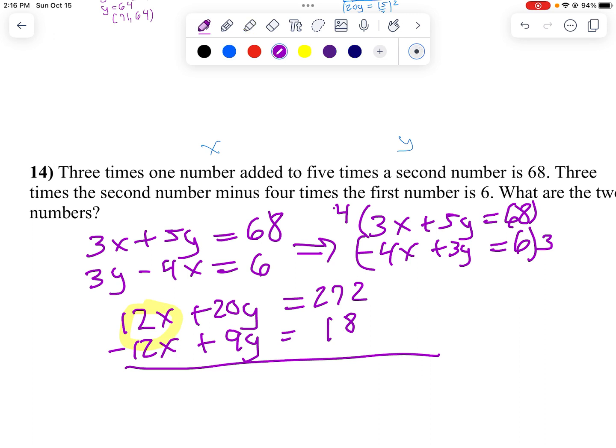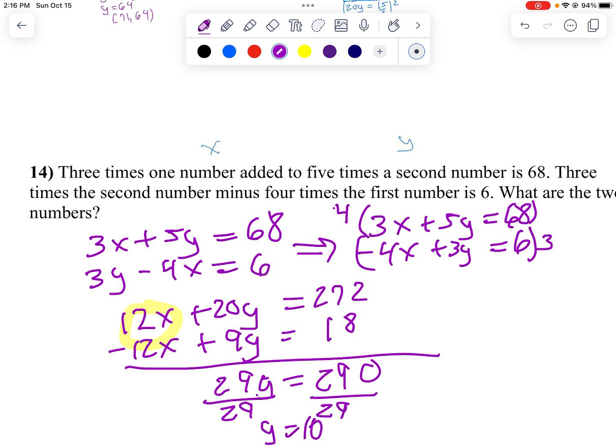Well, when I add them up, notice my x's cancel out. That's the reason we did it. So we get 29y equals 290. Well, that works out really nice because y is 10. I think I will use my second equation because they look like they're smaller numbers to work with. So I'm going to use this one. I'm going to solve for x.